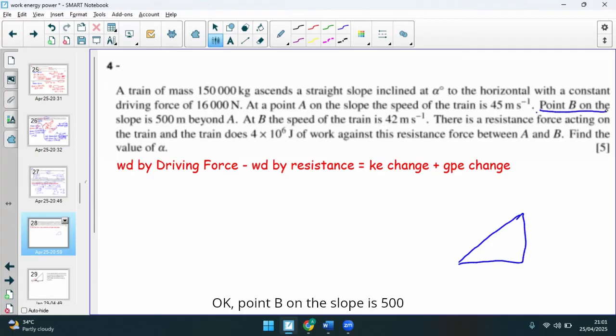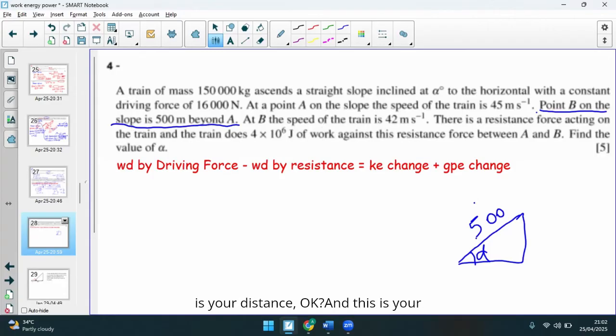Point B on the slope is 500 meters beyond A. So what that means is this is 500, because it's 500 meters beyond A. It's not saying 500 meters above A, it's saying point B on the slope. So that's 500 meters.